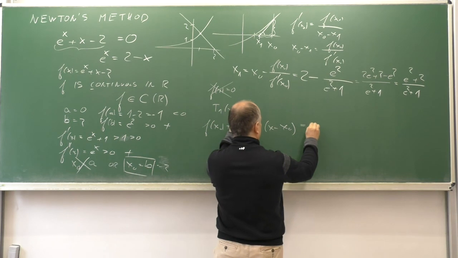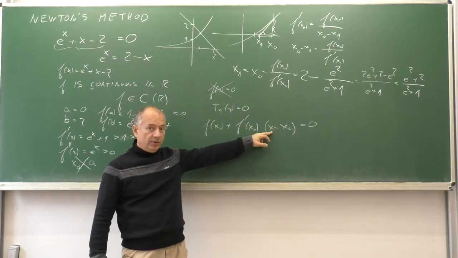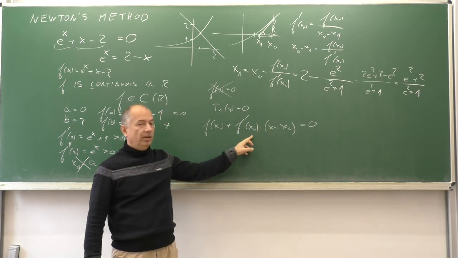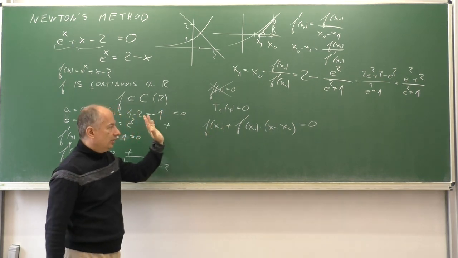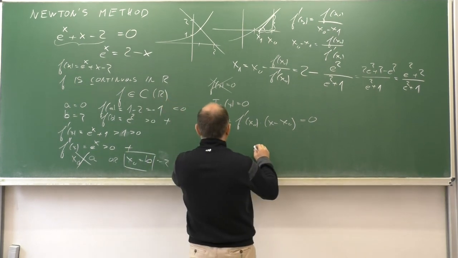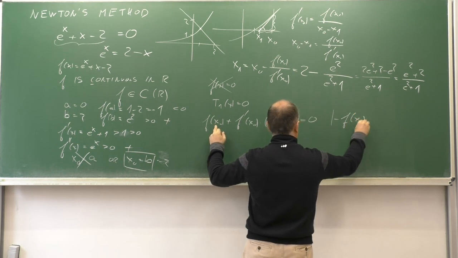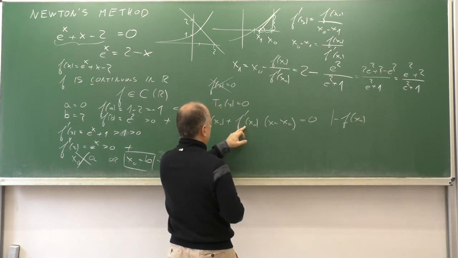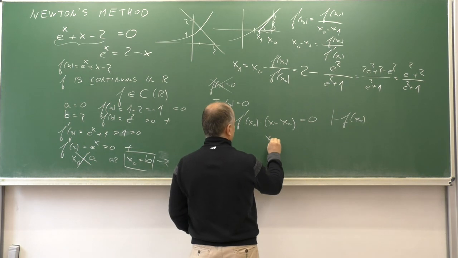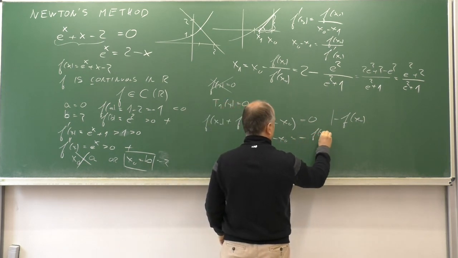And we want to solve this equation. But this is a linear equation. X is only multiplied by a constant and added some constant. So this will be easy to solve. We first subtract f of x0. And then we divide by the derivative, and we have minus f of x0 divided by the derivative.